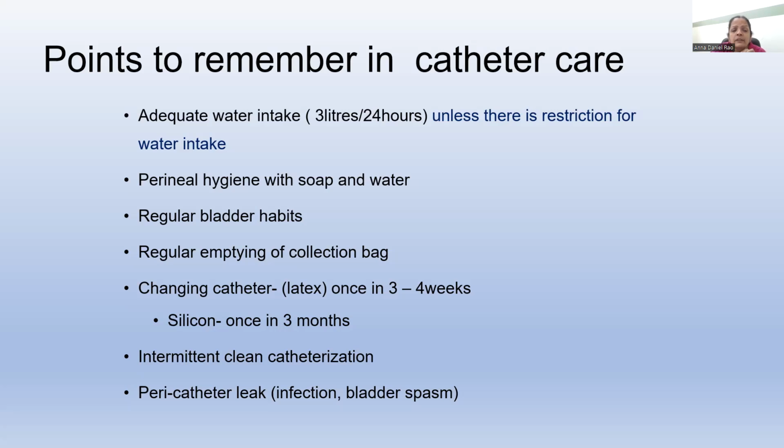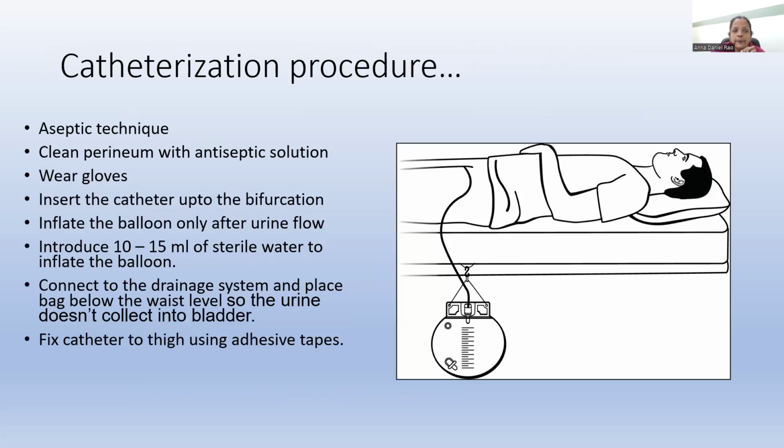So such things should always be noted. And many times the catheter needs to be changed even before this time. So these points are very, very important. Whether there is any leaking, or the bladder is going into spasm, that is also a problem. So any leak also should be noted.